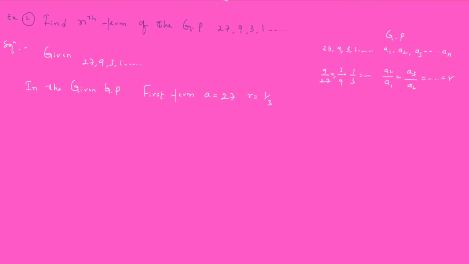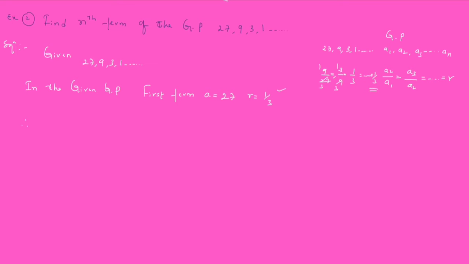What do we get here? 3 ones are 3, 9 ones are 9, 9 threes are 27, 3 ones are 3, 3 threes are 9. So it equals 1 by 3. So the value of R is 1 by 3, which is nothing but our common ratio between any term and its previous term. Now we have the A value and R value, that is the first term and the common ratio.